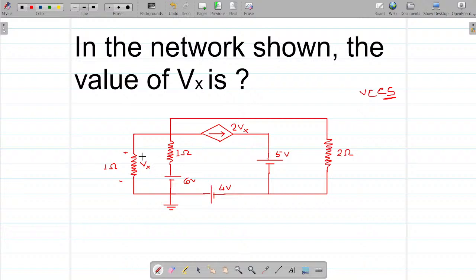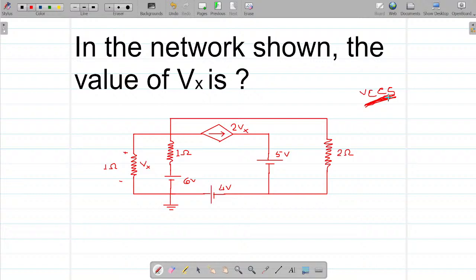It is the potential difference across the resistance R with the polarity as shown in the figure. So this value of current is a dependent value. It is not a constant value. It depends on the potential across resistor 1 with the polarity as shown in the figure. So it is a voltage controlled current source.